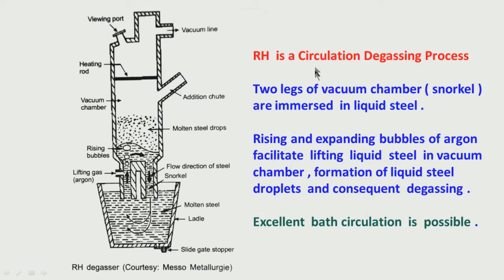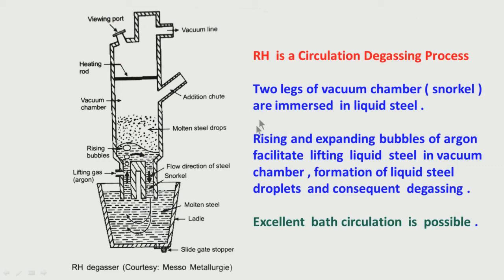This is called the circulation degassing process. Unlike VD and VAD, where we take the ladle with the liquid steel inside the vacuum chamber and evacuate using the pump, the vacuum is created and degassing takes place.